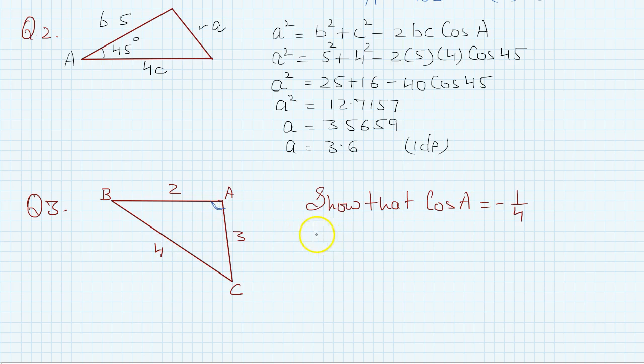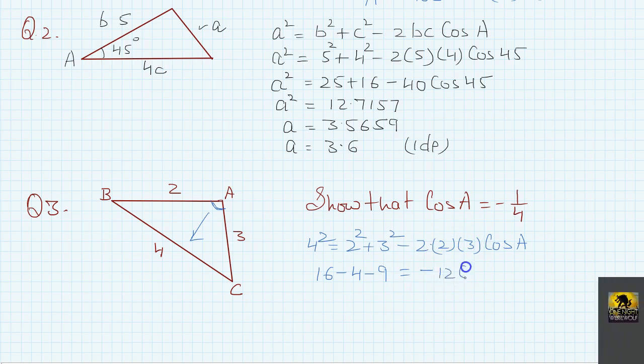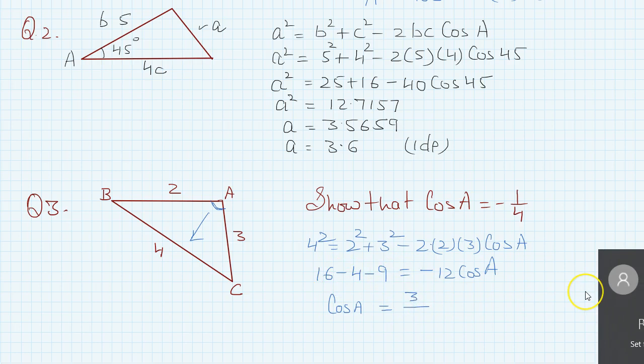So for this angle, we are going to use 4 square, the opposite, is equal to 2 square plus 3 square minus 2 multiply 2 multiply 3 cos A. So this is 16 minus 4 minus 9 is equal to minus 12 cos A. So we have cos A is equal to, 16 minus 13, that will be 3 over minus 12.